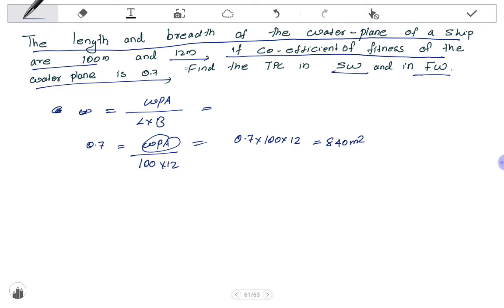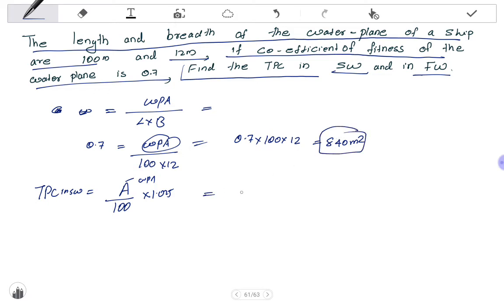What we need to find out is the TPC of the vessel in salt water. The formula for TPC in salt water is water plane area divided by 100 into 1.025. The water plane area we already have, that is 840, divided by 100, into 1.025.